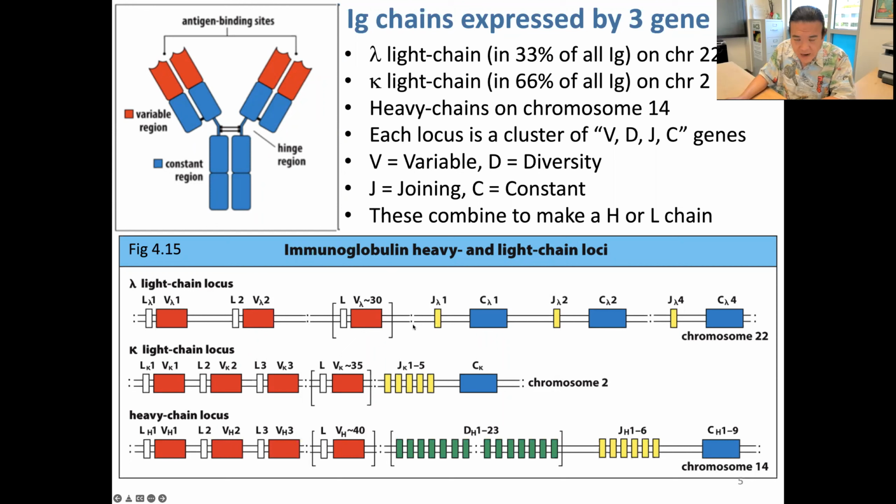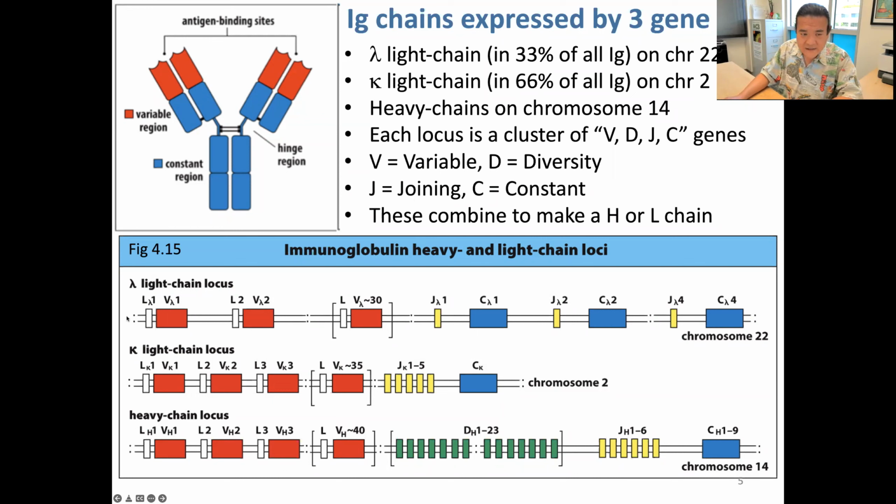These dots remind you that even though we're drawing this highly simplified schematic, in reality there's quite a lot of extra DNA between, for example, the region where the red V blocks are, and the region where you have yellow blocks, the J blocks, which we call the joining blocks, and the C blocks in blue, which are the constant blocks.